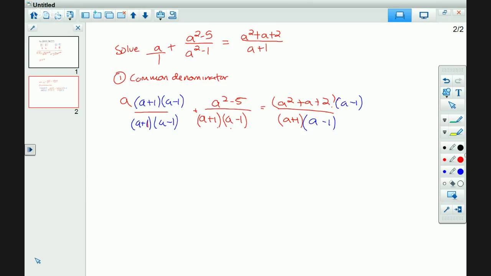And what that allows us to do is just say bye-bye to the denominator. In effect, you're multiplying each side by the denominator, and it basically disappears.